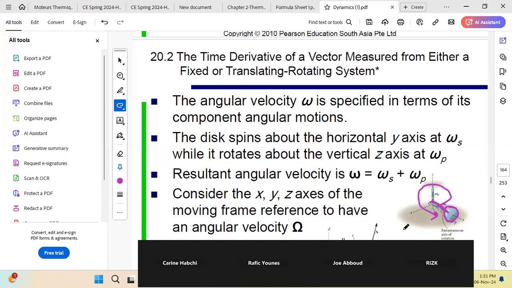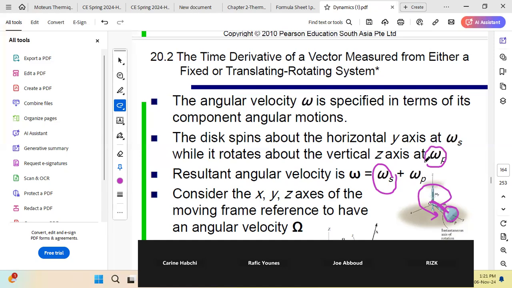So here we can say that if we want to evaluate the total angular velocity of the disk, we can decompose it into two parts. Omega S represents the angular velocity of spinning of the disk about its horizontal y-axis, while omega p represents the rotation of this axis about z.